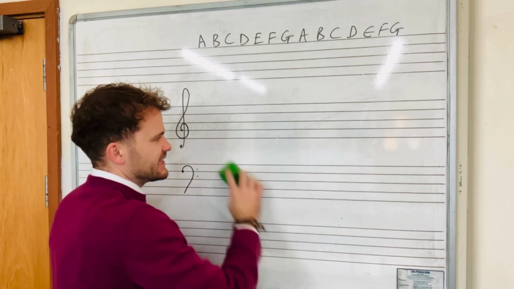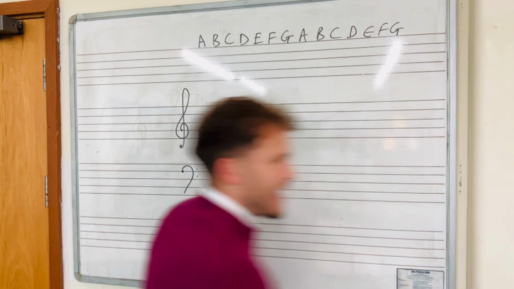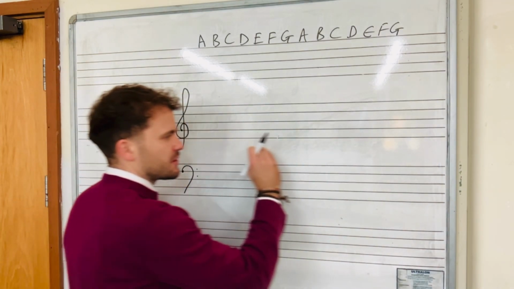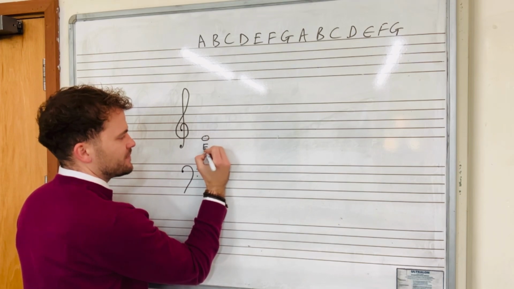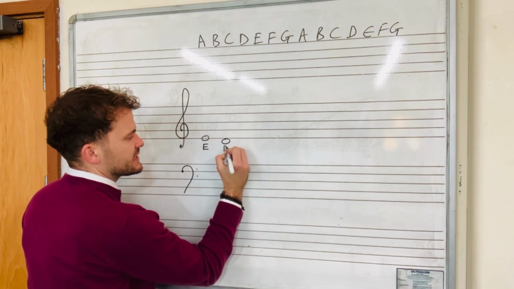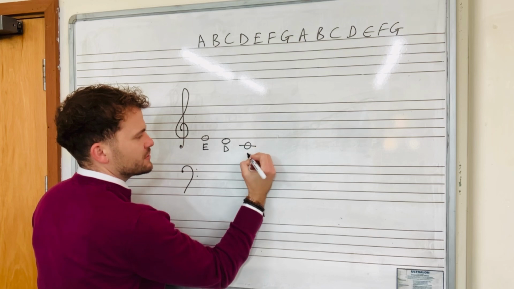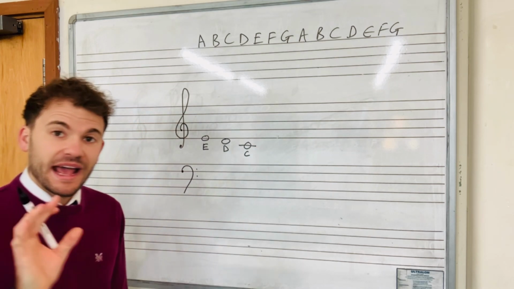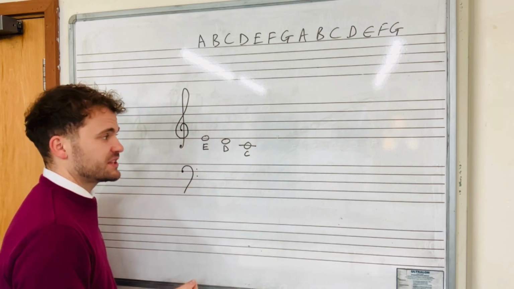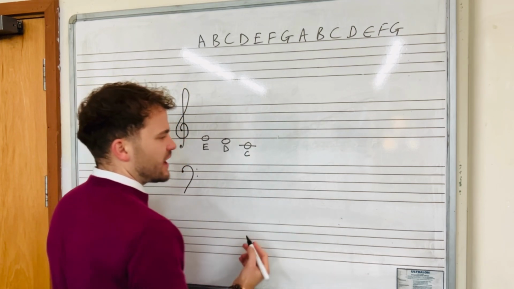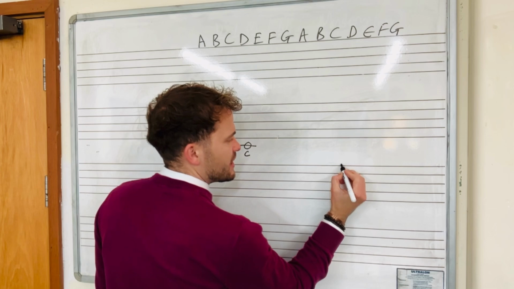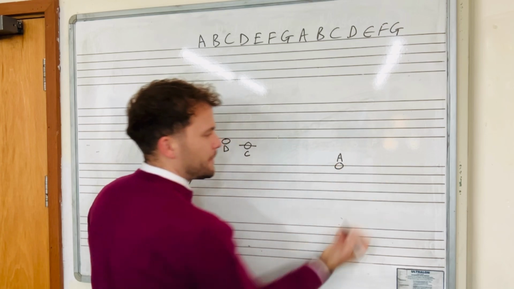Traditionally, years and years and years ago, the treble and bass clef actually was joined together with a big line through the middle. If I take these notes now, we've got an E, just below is a D, and then the middle C just there. Hence middle C being the middle C, that middle C also functions in the bass clef. So if I now work backwards this way, I've got an A here.